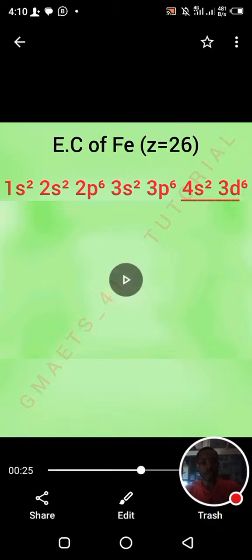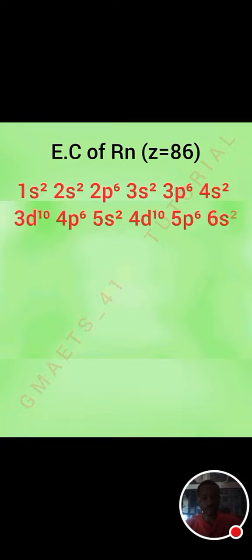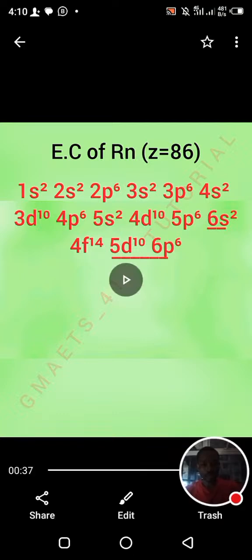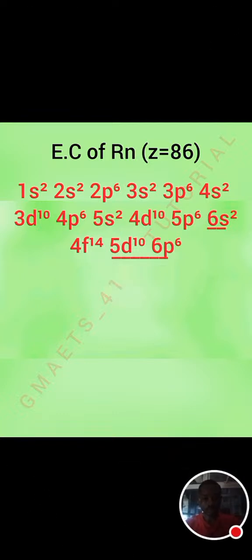Then let us consider the next one. We're going to look at this element. This is radon, atomic number 86. Yeah, there is a kind of an ordering here or something you want to take note of.